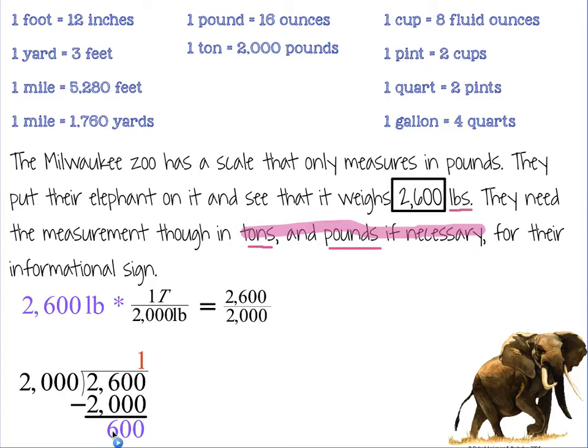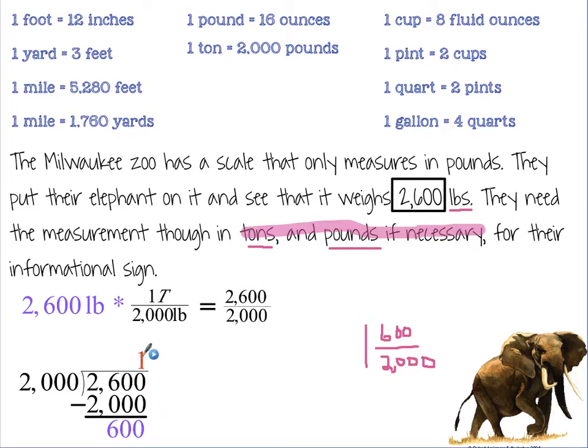Instead of writing that as a mixed number like we normally would, 1 and 600 2,000ths, and then just labeling it as tons, we are going to label it in tons and pounds.